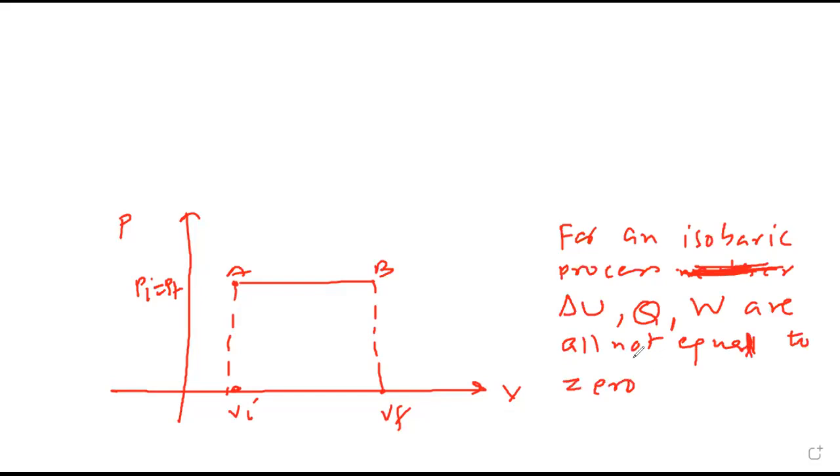In isothermal, delta U was 0. Here nothing is 0. Draw a graph and below that write this: for an isobaric process, neither delta U nor Q nor W is 0.